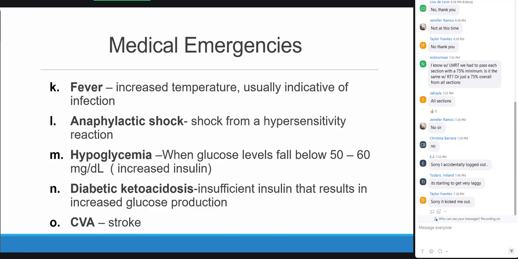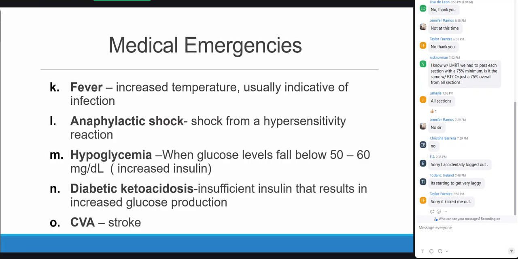Hyperglycemia. Okay, hypo is below. Glyceme is Latin for glucose, and glucose, of course, is sugar. So hypoglycemia is low blood sugar.